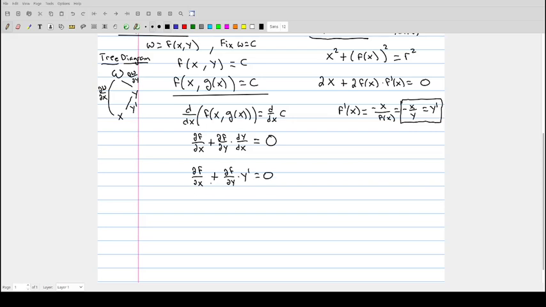And if I subtract this term from both sides and divide by partial f partial y, we get that y prime is equal to negative partial f partial x over partial f partial y, or y prime is equal to negative fx over fy, which is a general formula for any level curve, solving for the rate of change of y with respect to x on the level curve.